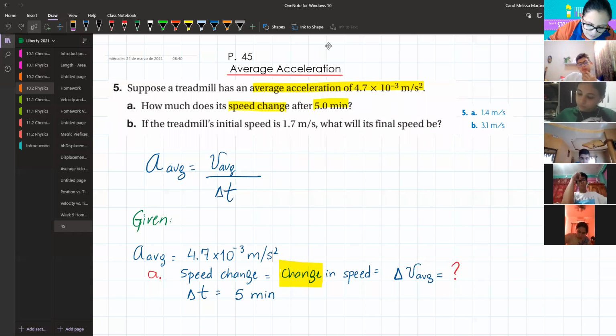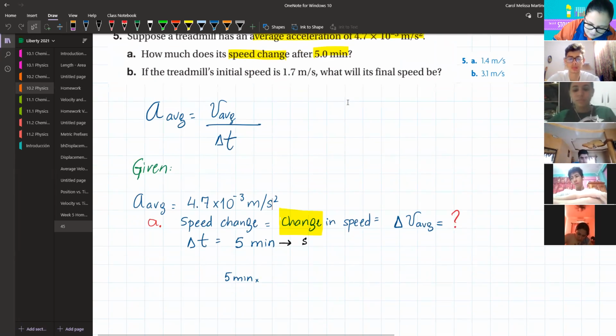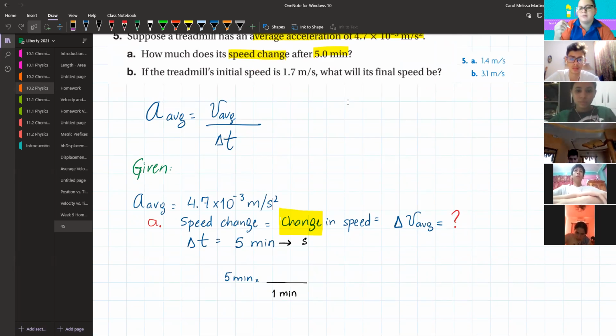So we're going to convert from minutes to seconds. 5 minutes times the conversion factor: in 1 minute you have 60 seconds.